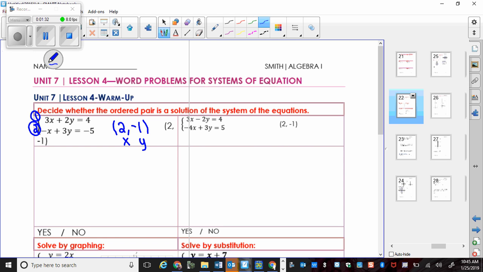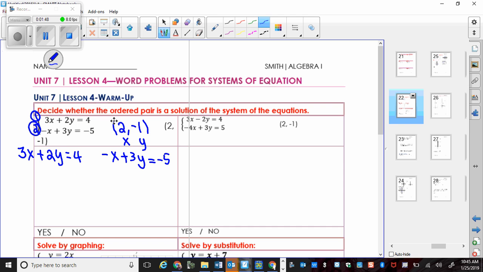Equation number 1 is 3x plus 2y equals 4, whereas equation number 2 is -x plus 3y equals -5.